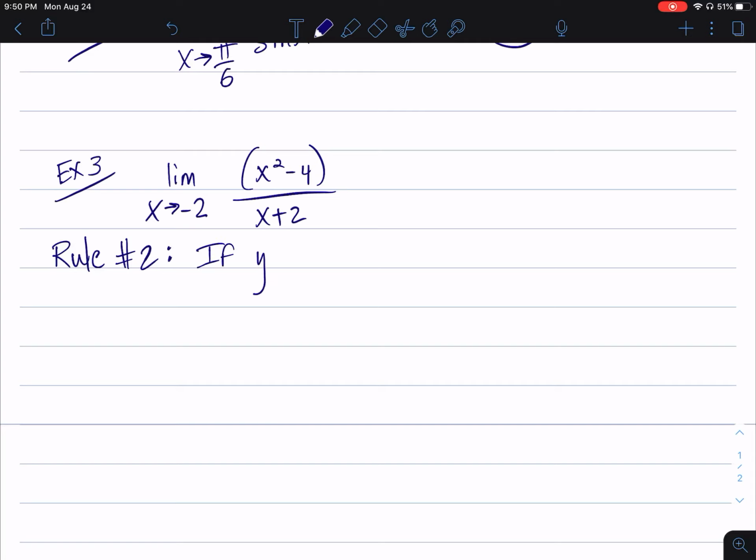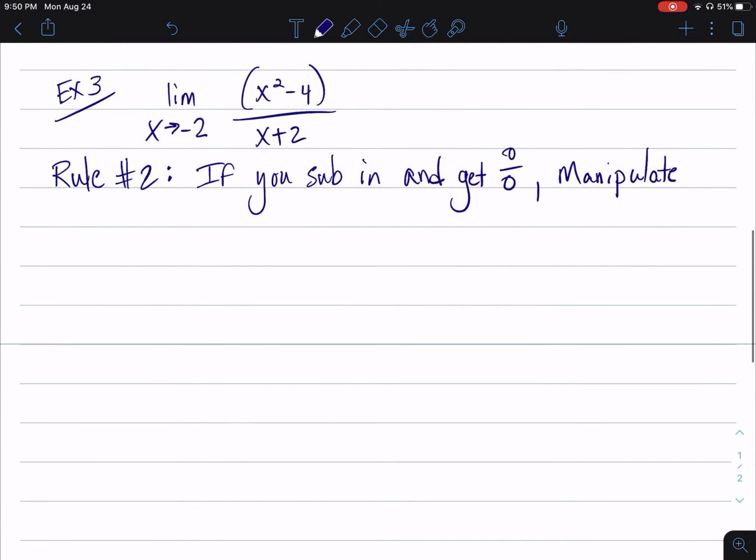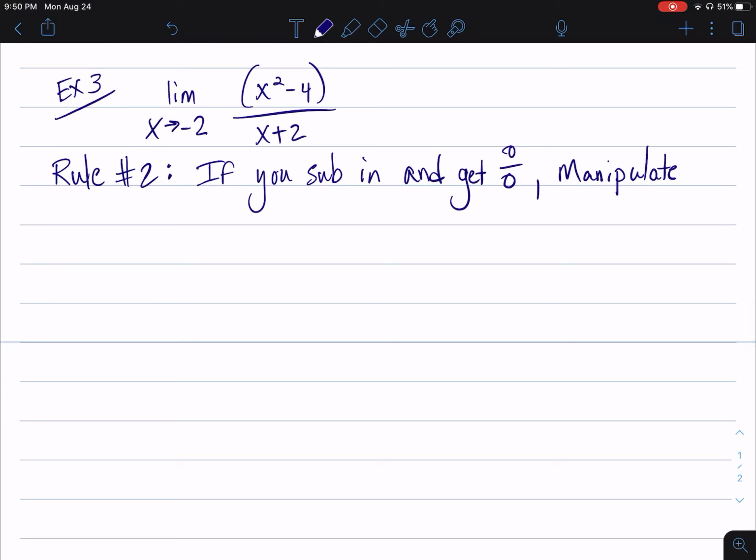So if you sub in and get 0 over 0, you're going to have to manipulate. All right, so let's try the same example, but we're going to try to manipulate it in a way where it's no longer going to be 0 on the bottom.